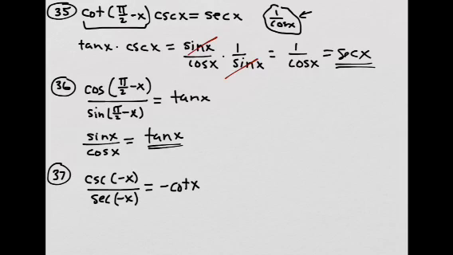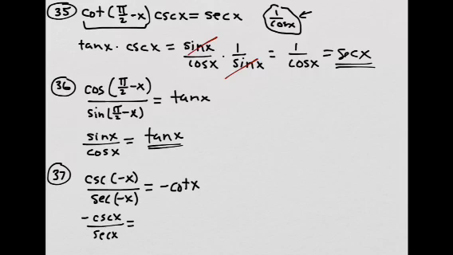Alright, so this one involves the even-odd identities. So we know that the cosecant of negative x, remember cosecant is a reciprocal of sine, so that one's going to be negative cosecant of x. And then secant of negative x is a reciprocal of cosine, and so that one's going to be positive cosine of x. Sorry, take it back. Positive secant of x.